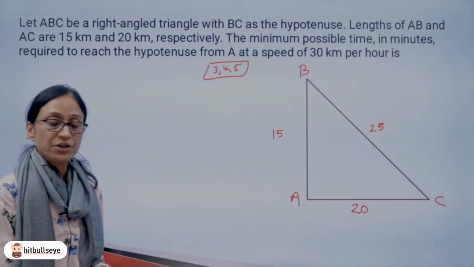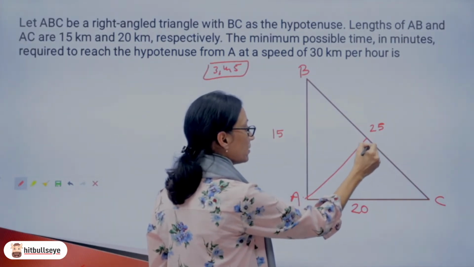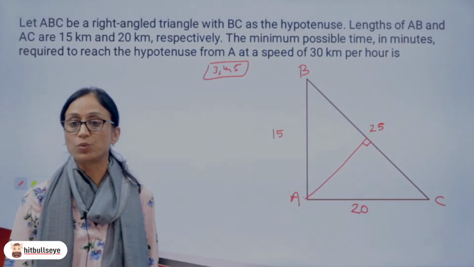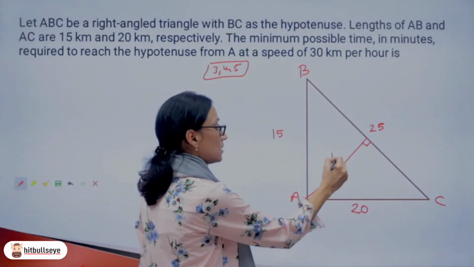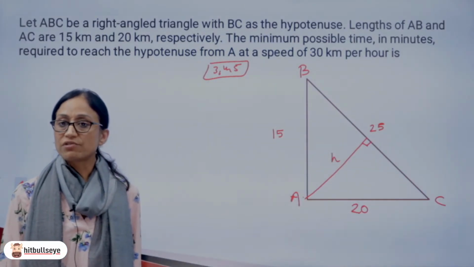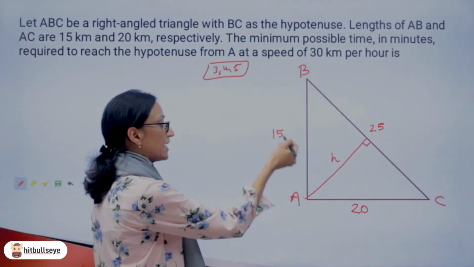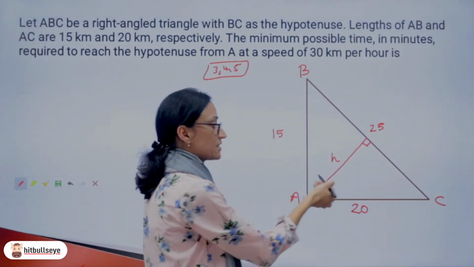Now the question said you have to travel from A to the hypotenuse. That means we are talking about a perpendicular dropped from A to the hypotenuse, because that is the shortest distance you will travel. How do we find this perpendicular distance? Of course, again very simple. The area of a right-angled triangle can be expressed in two combinations here: with base as 20 and height as 15, or with base as 25 and height as h.